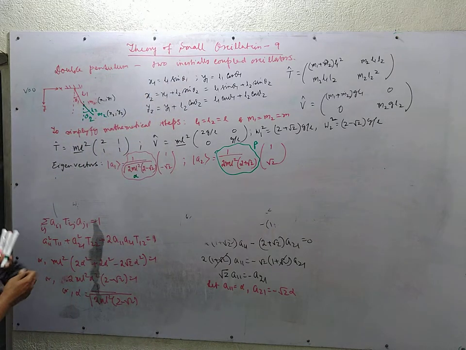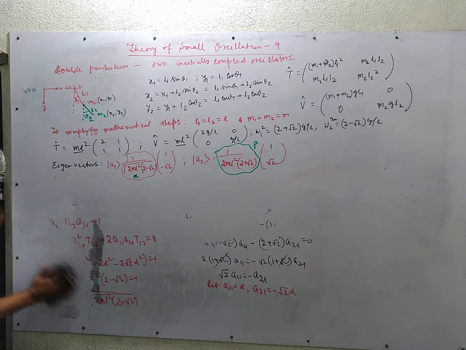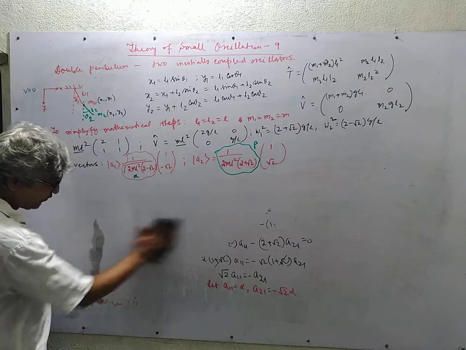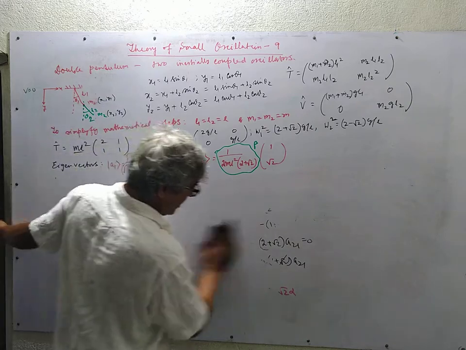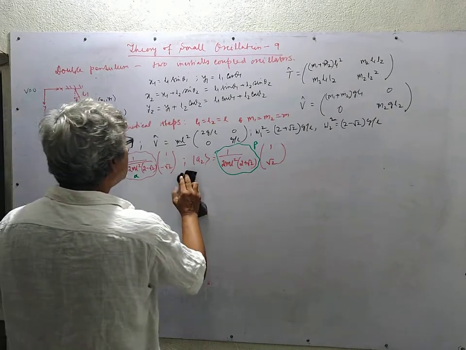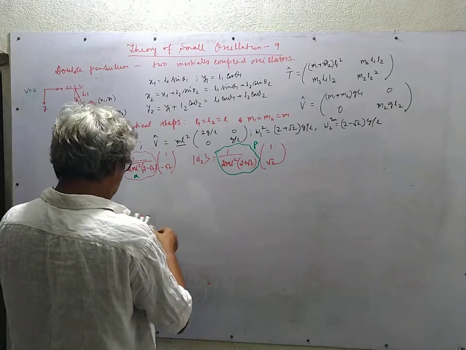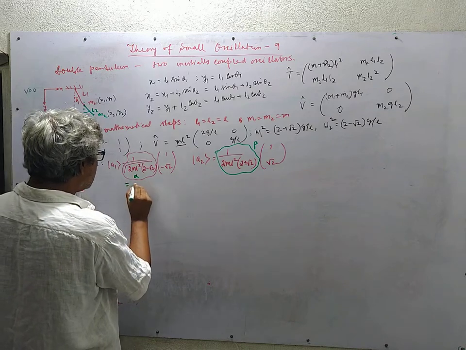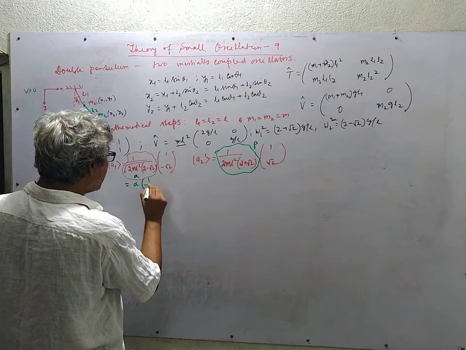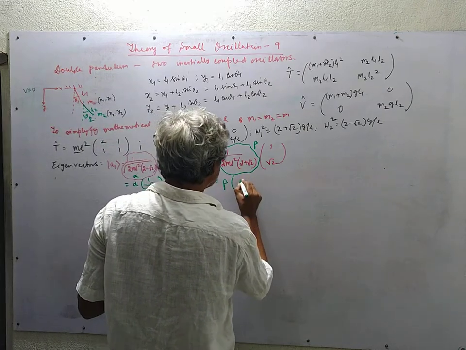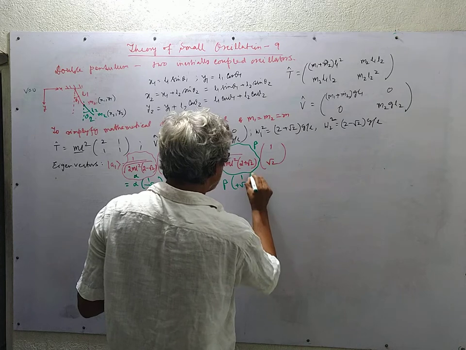So we have solved the problem for the determination of eigenvalues, eigenfrequencies, and eigenvectors. So A1 is alpha times (1, minus root 2), and A2 is beta times (1, plus root 2).